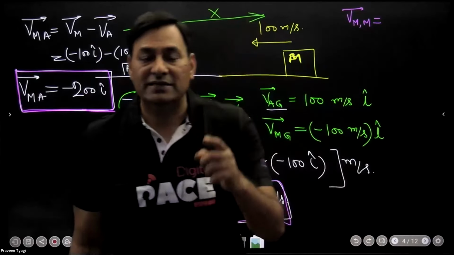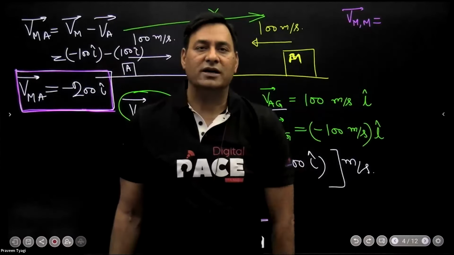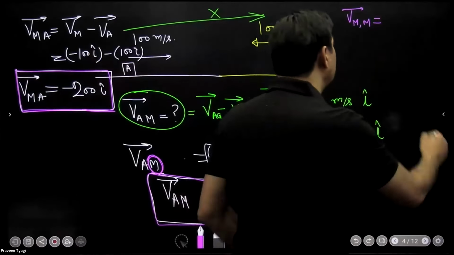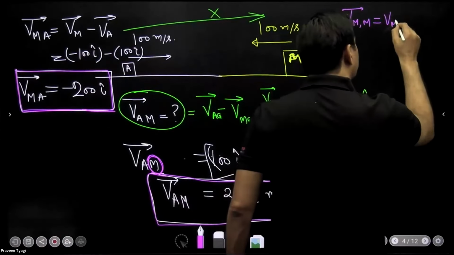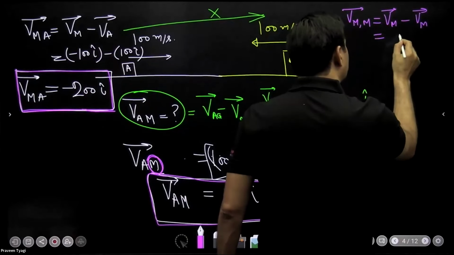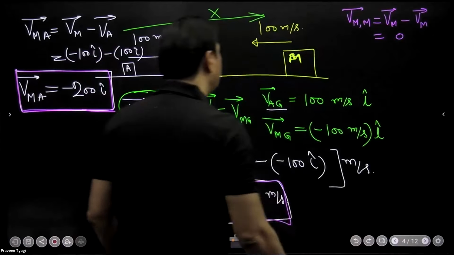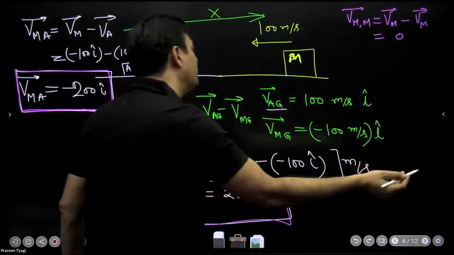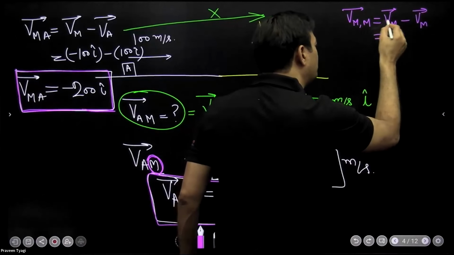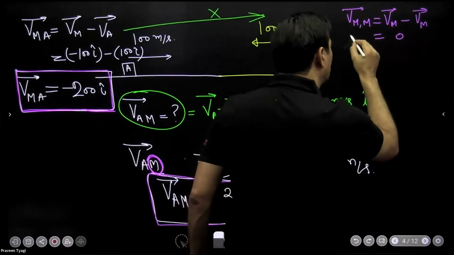Yes, velocity of Minasri as observed by Minasri will be what? 0. Yes, this will be Vm minus Vm, obviously, and this will be 0. When I say VAB is equal to VA minus VB, so VMM, velocity of Minasri as observed by Minasri, will be equal to Vm minus Vm, which will be 0.